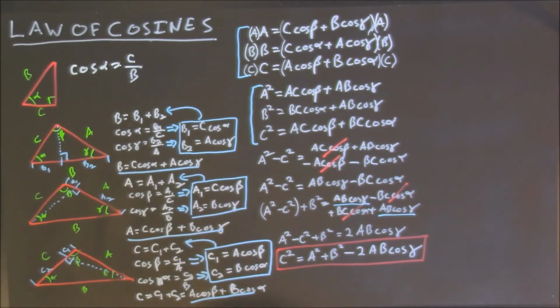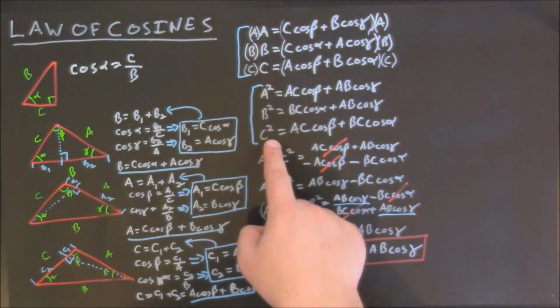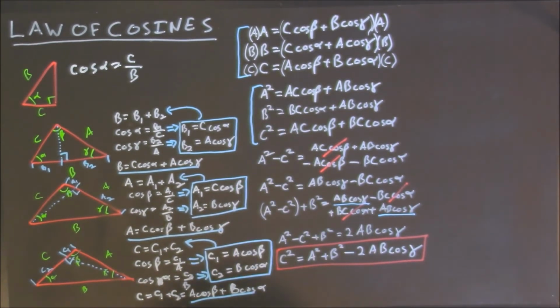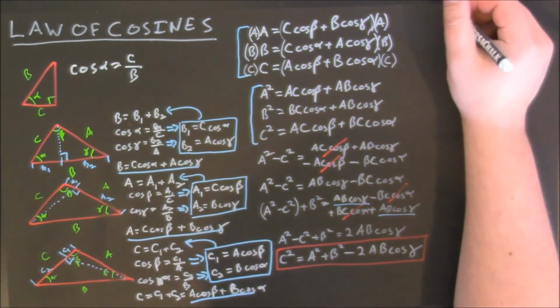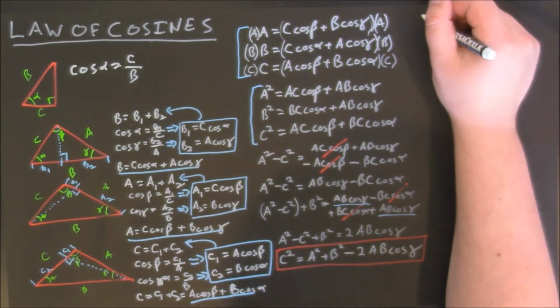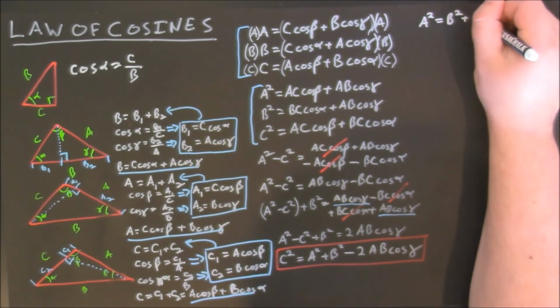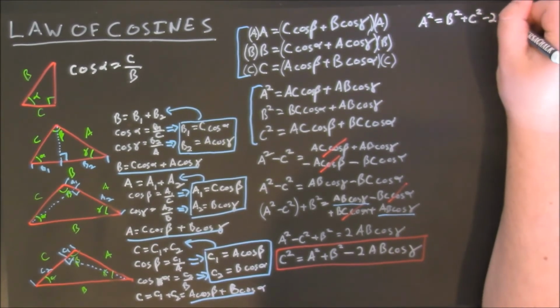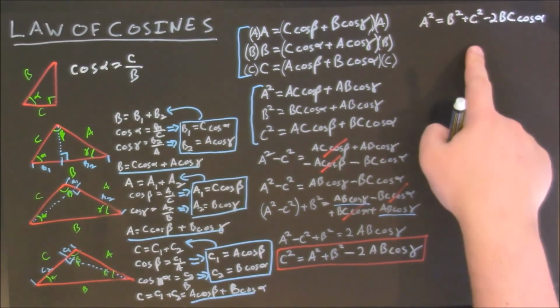Now we can very easily repeat this exact procedure, just combining A squared, B squared, and C squared in a slightly different way to get this equation, but solving for A squared and B squared. So without deriving them completely here, I'm just going to say that A squared is equal to B squared plus C squared minus 2BC cosine alpha.